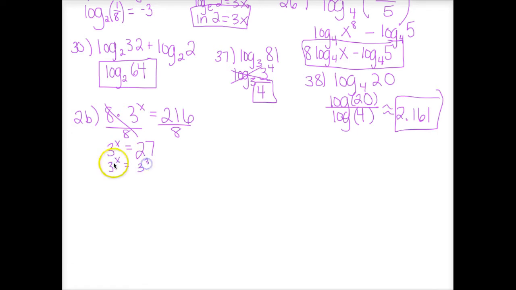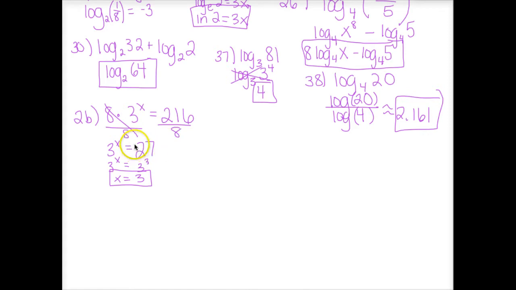So 27 is 3 to the 3rd. Once you make the bases match, then you can set the exponents equal. So x equals 3. You can double check, plug it in, make sure it's not extraneous, and that one does work. So that's one type where you're able to rewrite the bases as the same and then solve.